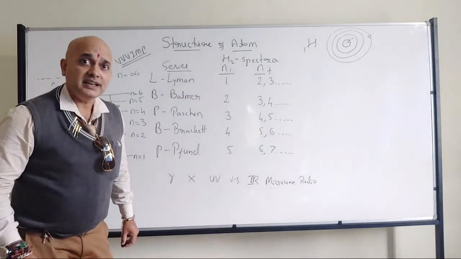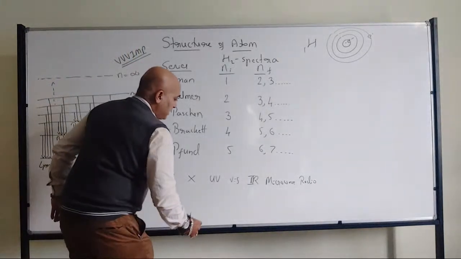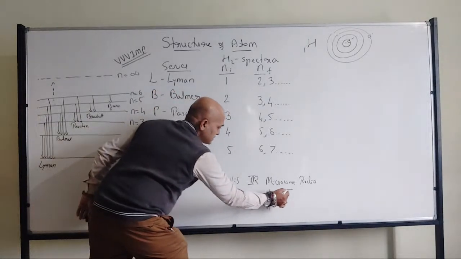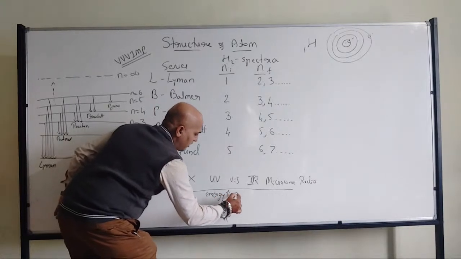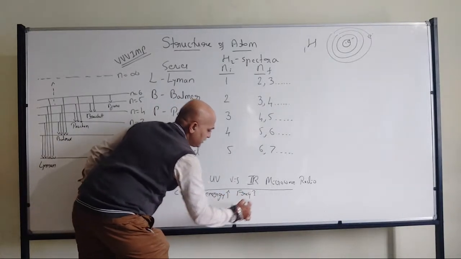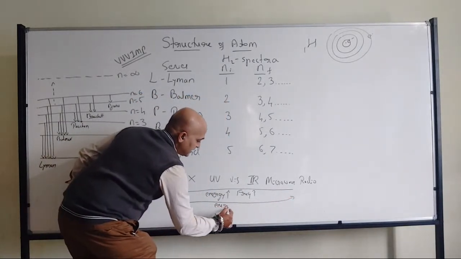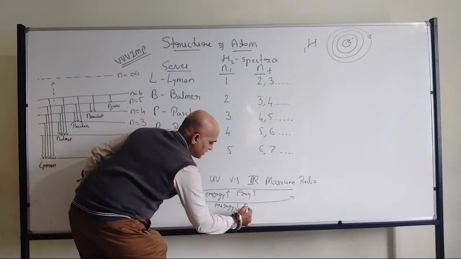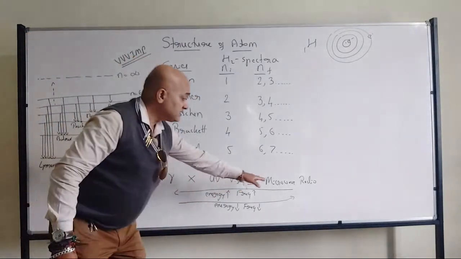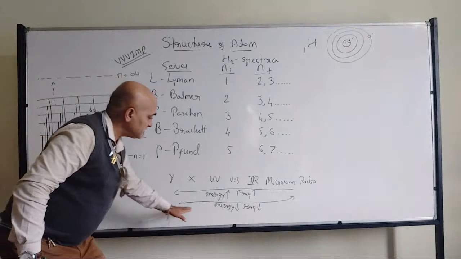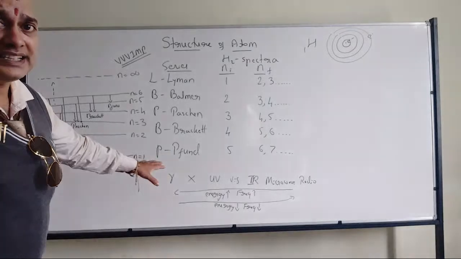So what I mean to tell here is, when you move toward the left side, energy is going to increase because frequency is going to increase. When you move toward the right side, energy is going to decrease because frequency is going to decrease. That means wavelength decreases on one side and increases on the other. All of you have understood? So that's where we have the electromagnetic spectra.